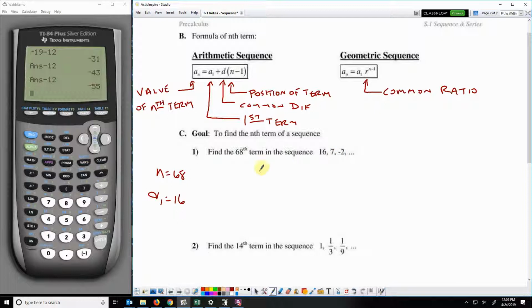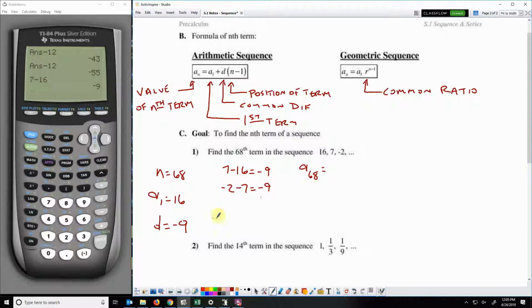It looks to me like a difference, so let's try 7 minus 16, negative 9, and negative 2 minus 7, that's also negative 9. So there's a common difference of negative 9, and we want to find the value of the 68th term. So we want to know what is the value of a sub 68.